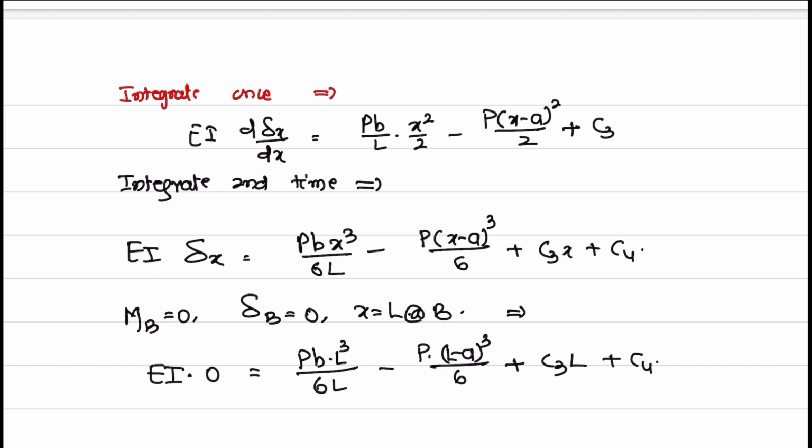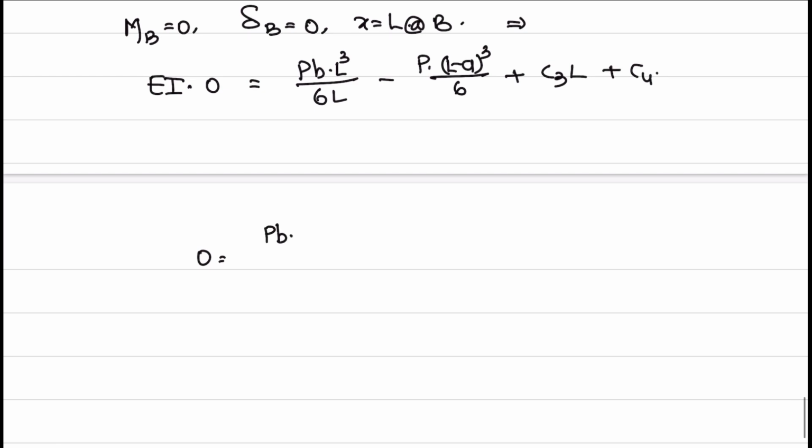From this, what is L minus a? L minus a is equal to B, because a plus B is equal to L. Can we write this equation as 0 is equal to left hand side, PB L cube by 6L minus PB cube by 6 plus C3 into L plus C4?